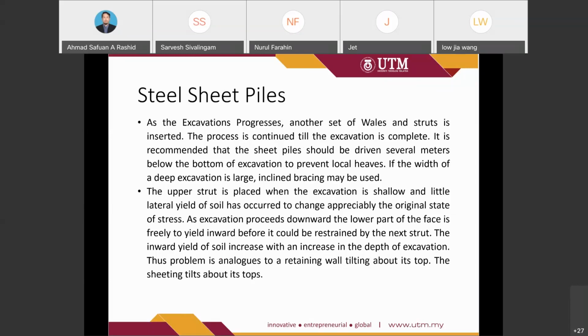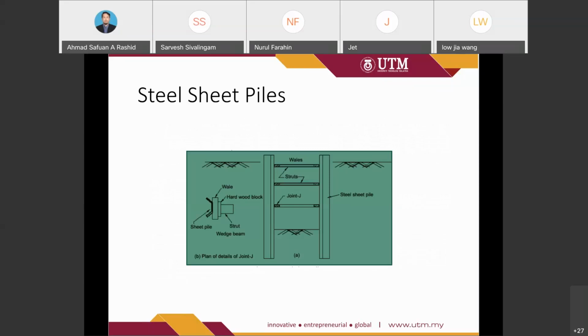The problem is analogous to a retaining wall tilting about its top, the sheeting tilts about its top. So this is an example where we normally construct in what we call stages.